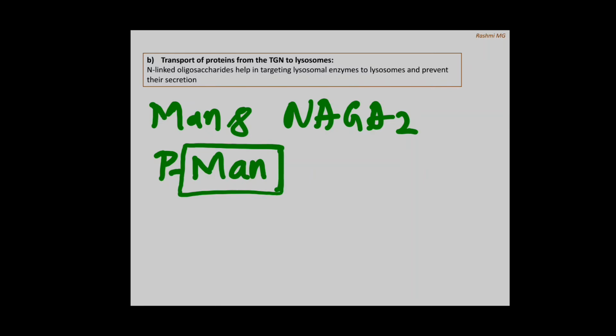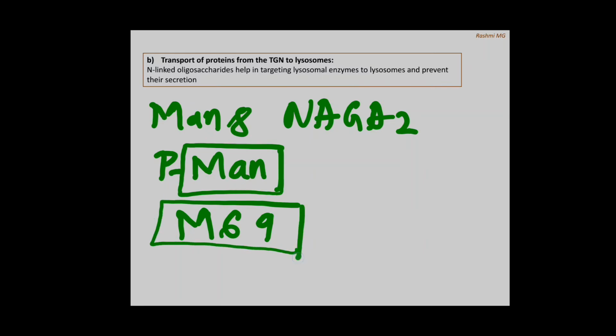What happens here? Phosphorylation of one or more mannose residues happens. Especially the enzyme phosphotransferase transfers the phosphorylated N-acetylglucosamine to carbon 6 of one or more mannose. So that results in M6P, that is, mannose phosphorylated at carbon 6. Okay, first step is what?